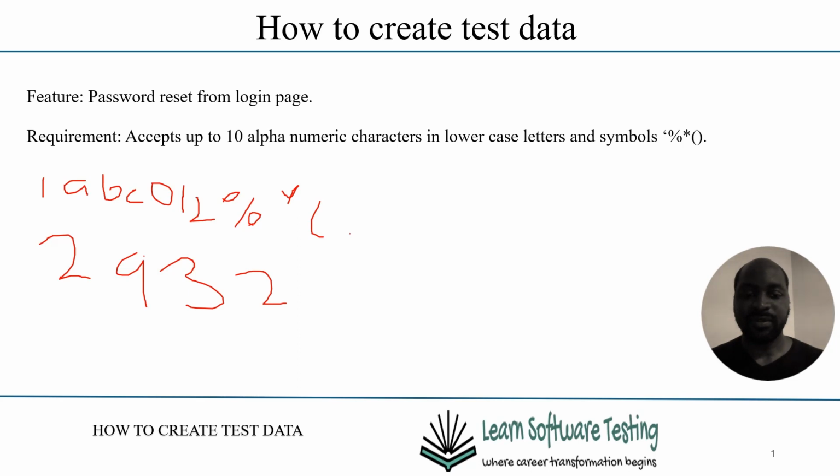Then let's mix it with some letters in lowercase: A, letter Z, letter D, and the symbols, asterisk, then closing bracket, so we should have 6, 8, then full stop, then open bracket. So we should have 10 characters there.